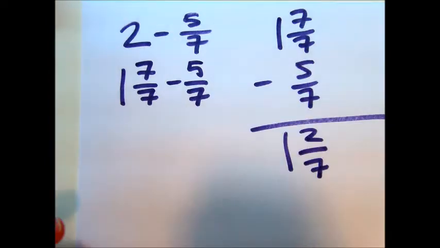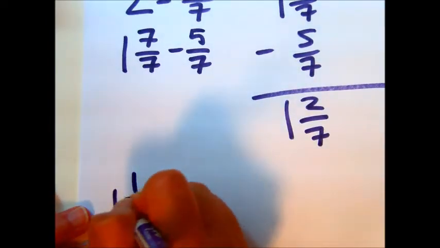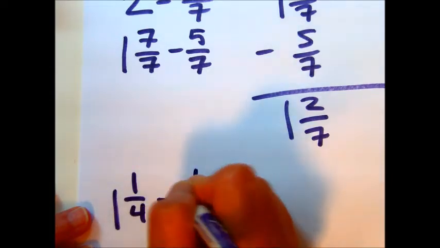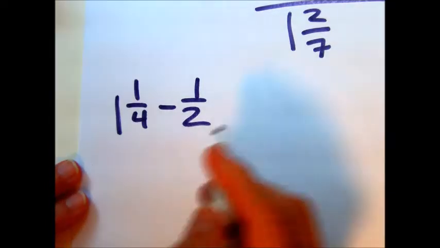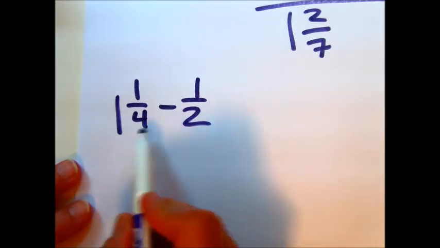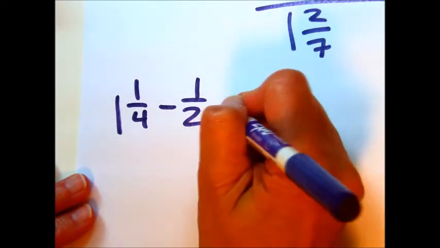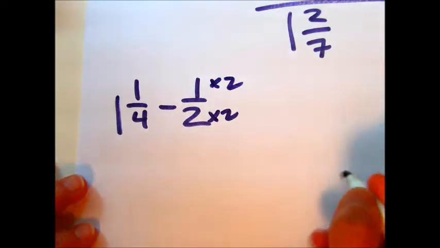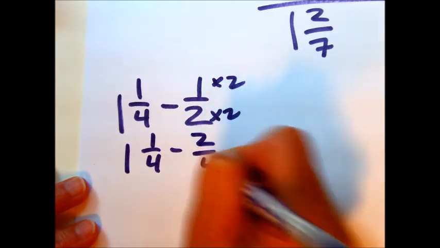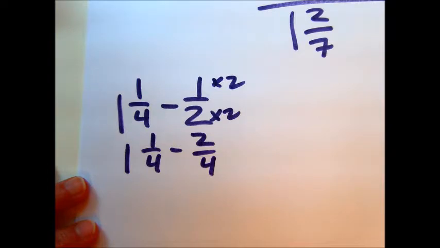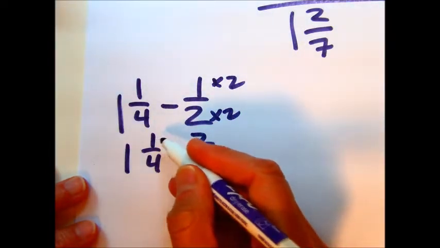Let's do a mixed number. So say we have 1 1/4 minus 1/2. Now, in this, notice our denominators are not the same, so I'm going to go ahead and make them the same. So I've got 1 1/4 minus 2/4. Notice I can't take 2 from 1. I'm going to get a negative number.